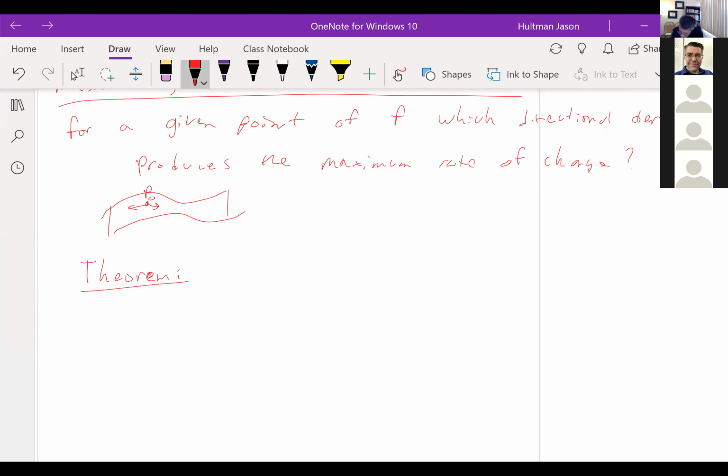Okay, so here's the theorem. Suppose f is a differentiable function of two or three variables.